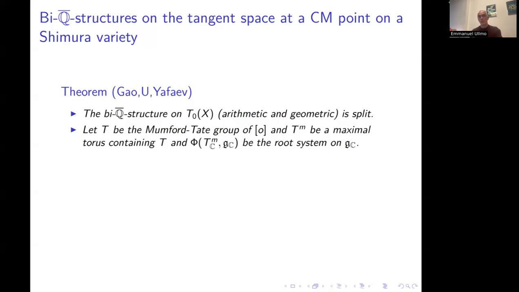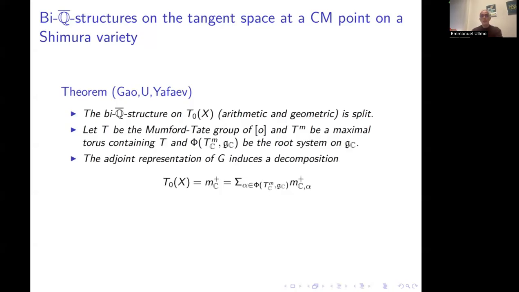Sometimes T is already a maximal torus, and you look at the root system. So this maximal torus acts on the Lie algebra of your group, and when you just look at the part of the Lie algebra MC plus, you can decompose it as root spaces.